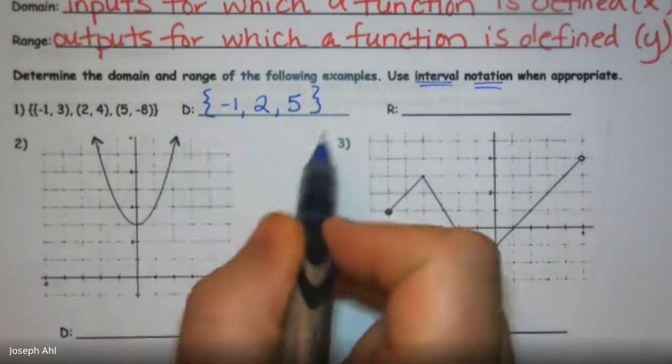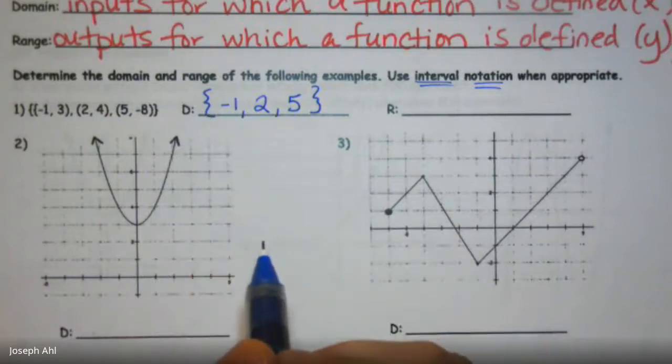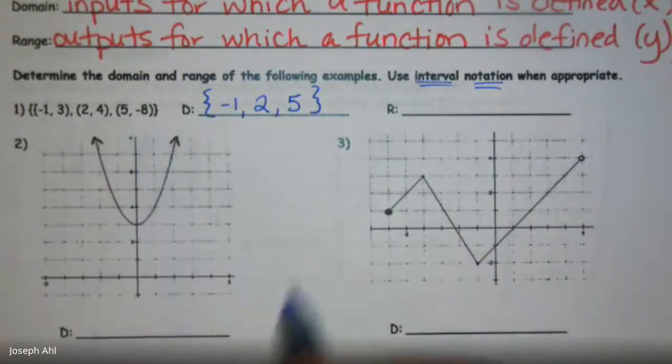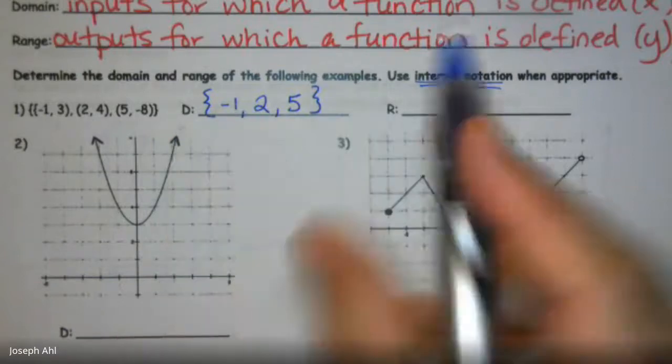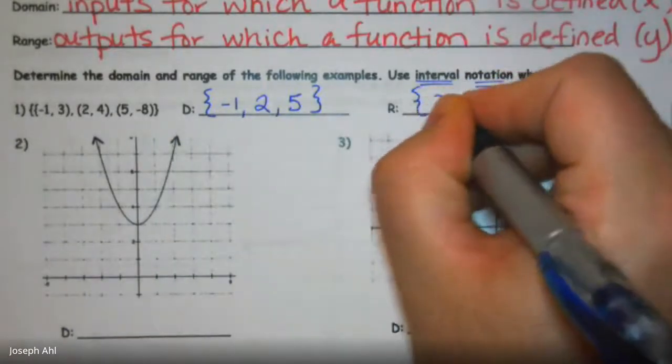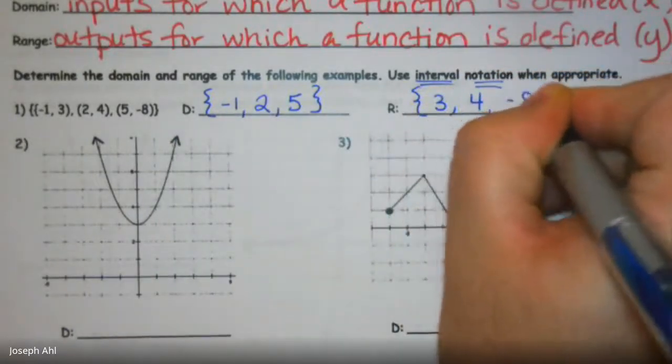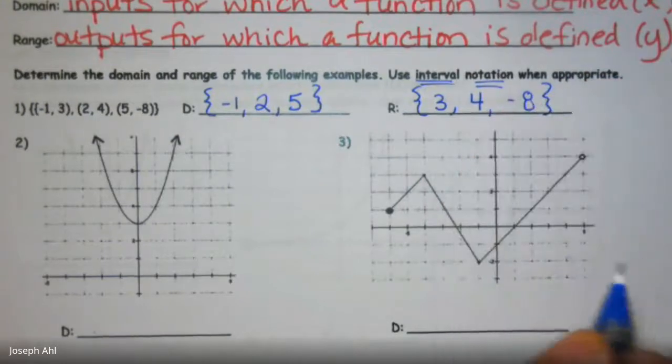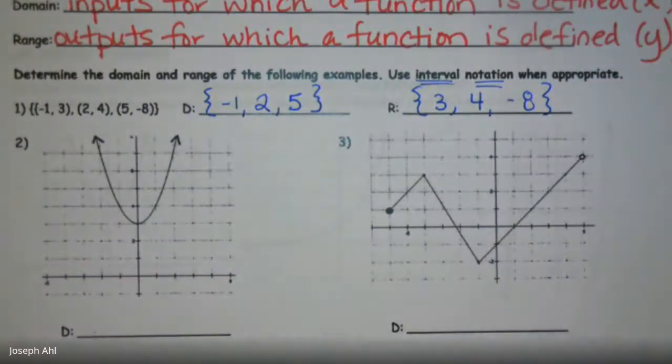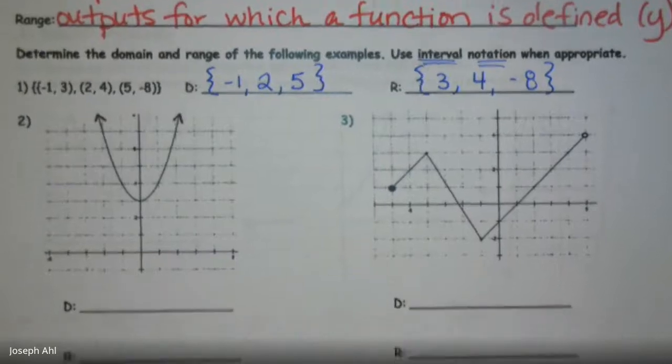Curly brackets make a big difference here, and they would be required for this type of set. Meanwhile, the range would just be the y values, so 3, 4, and -8 in curly brackets. There's no requirement that you go in ascending or descending order, so you can just list them as you see them. And that's as easy as it gets for number one, as far as domain and range are concerned.